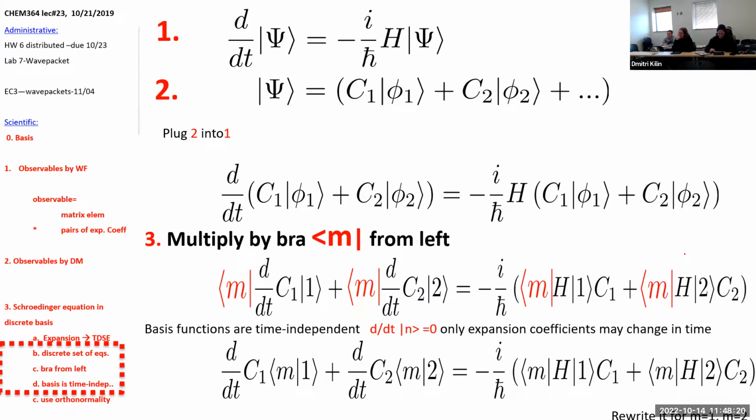So this little red thing is our attempt to practice the orthogonality relation. Each term has m, then something, then another wave function: bra, ket.